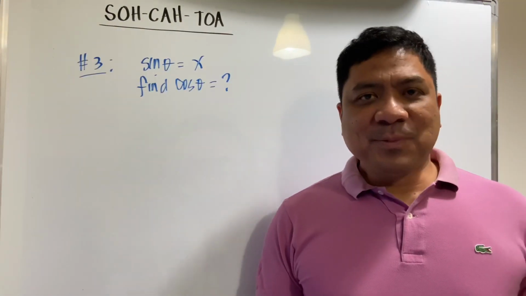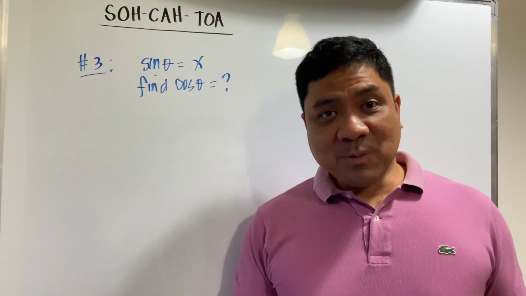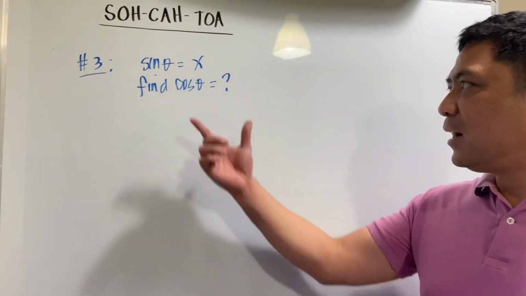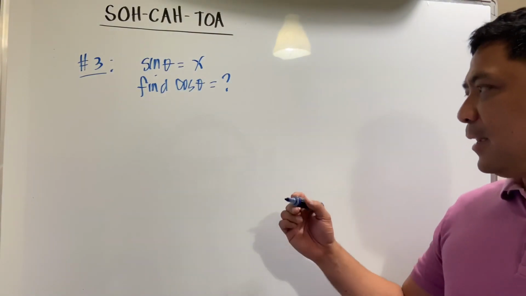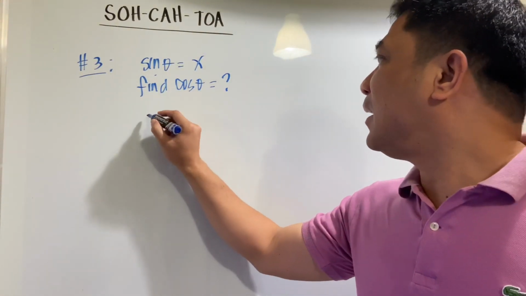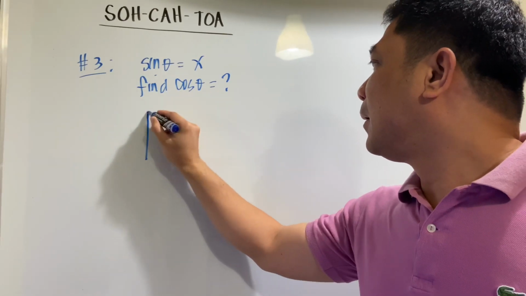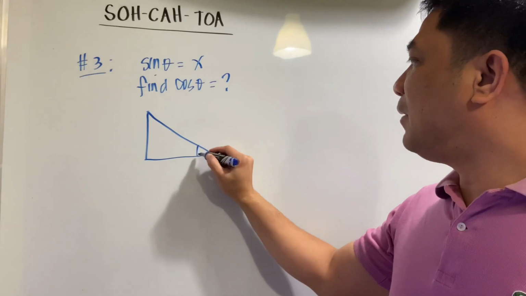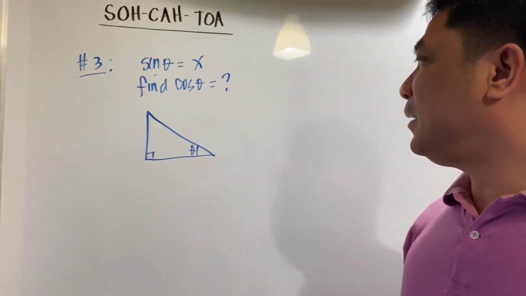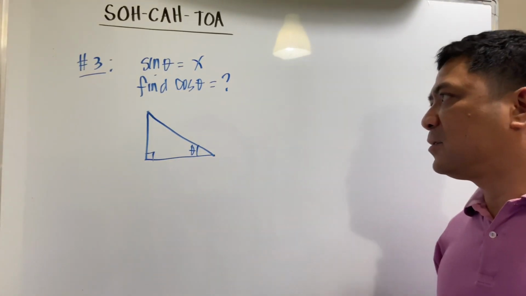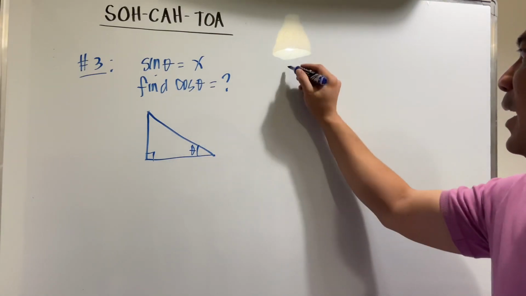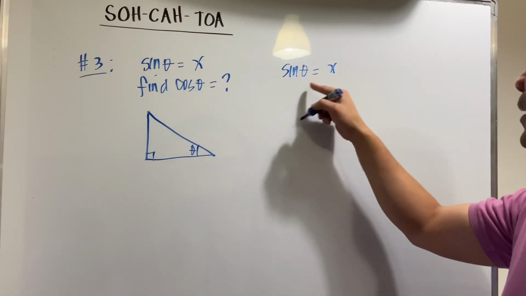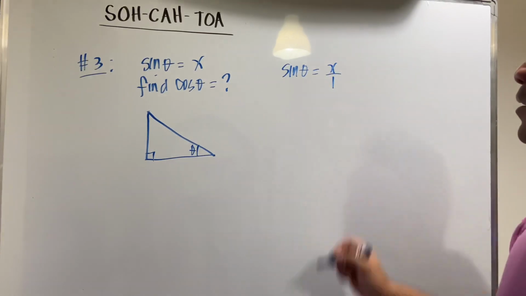Okay? So our next problem is somewhat similar to our second problem. It says sine theta is equal to x. Now we are asked to find the value of cosine theta. So again, using our right triangle, we have our reference angle here, and it's a 90-degree triangle, or right triangle. So we say sine theta is equal to x, or this can be x over 1.